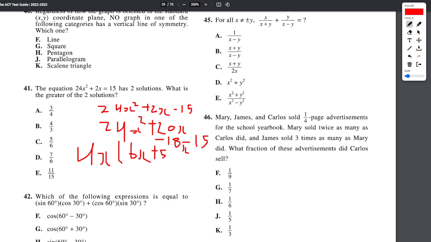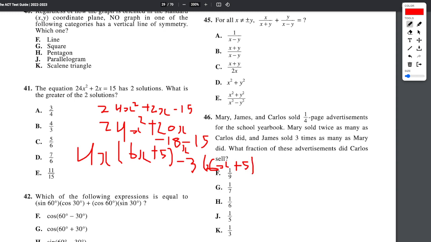Okay. And then minus, you could take a 3 times x. So that would be 6x. Yeah, this would be 6x plus 5.